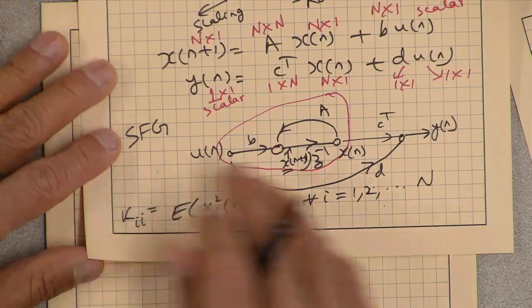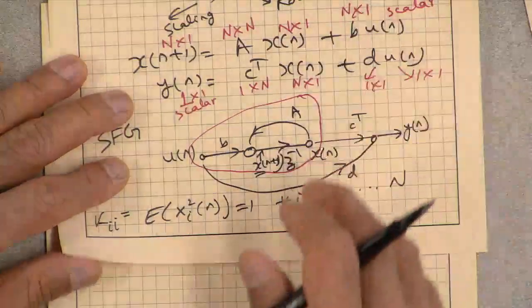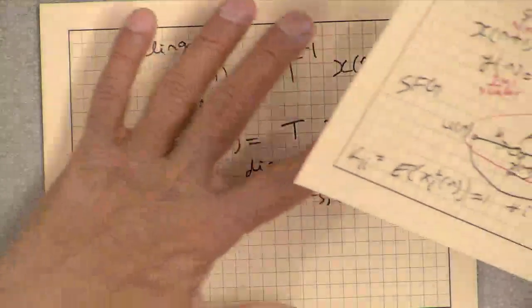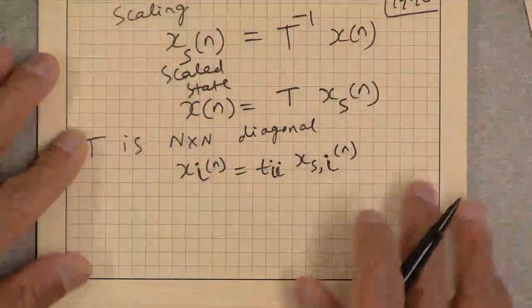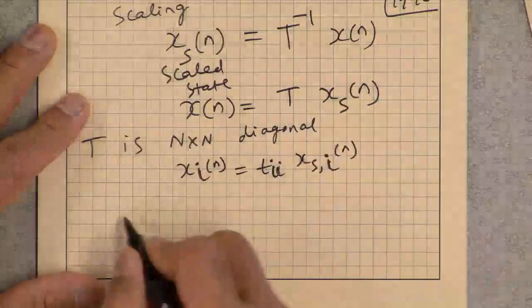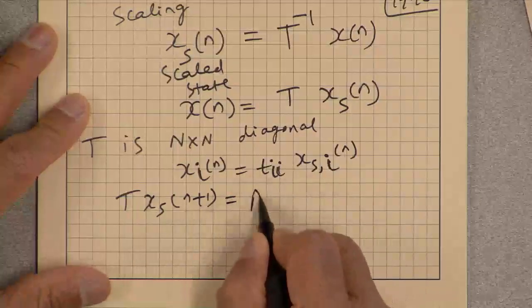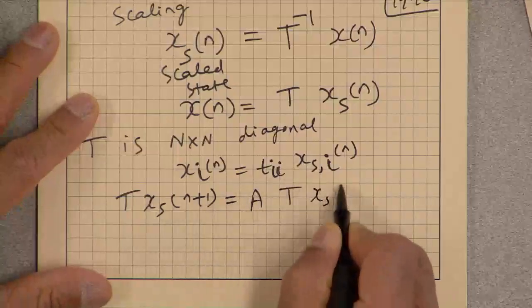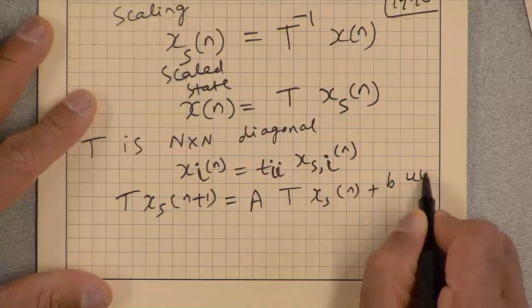So how do I get the new state space representation? To get the new state space representation, we rewrite these two equations. xn is T times the scaled state. So T times x scaled n plus 1 is equal to A times xn plus B times un.